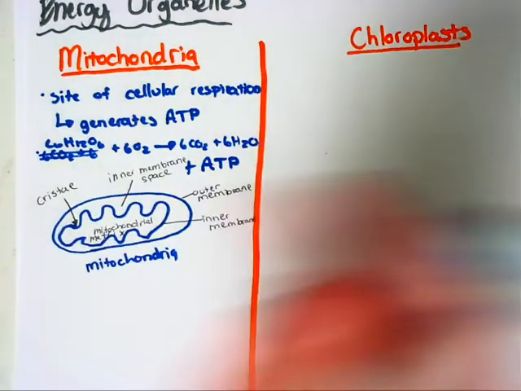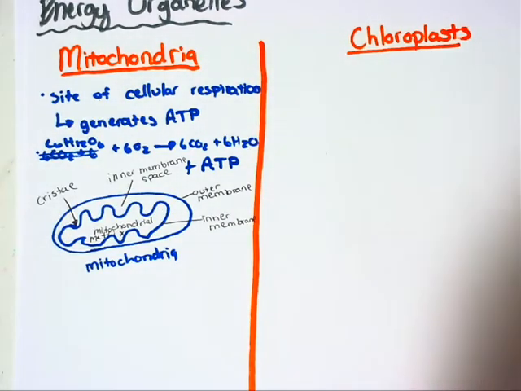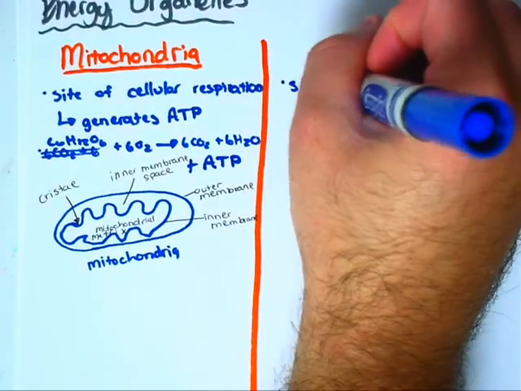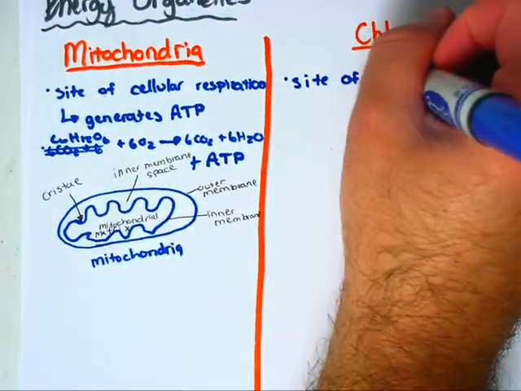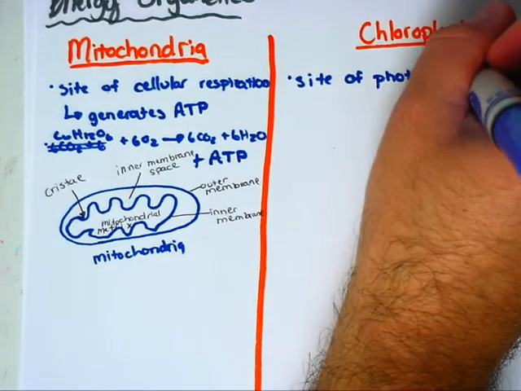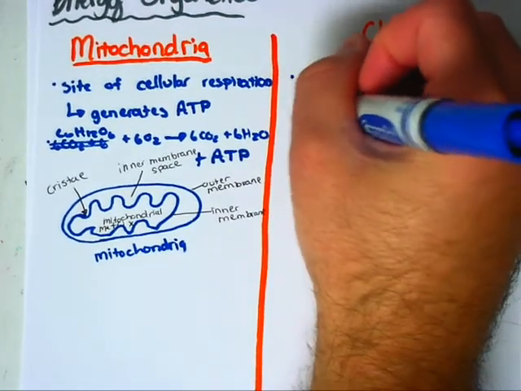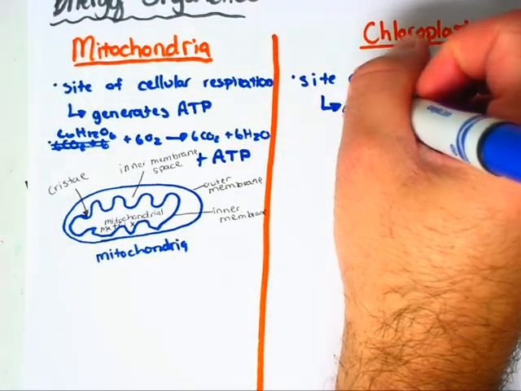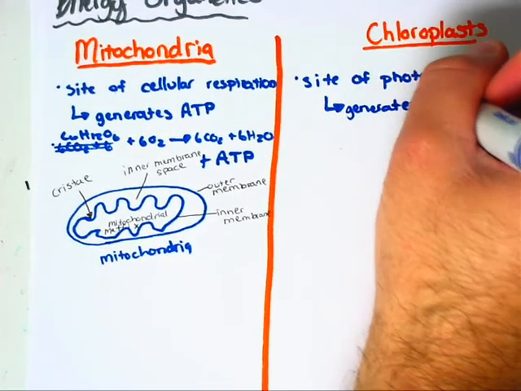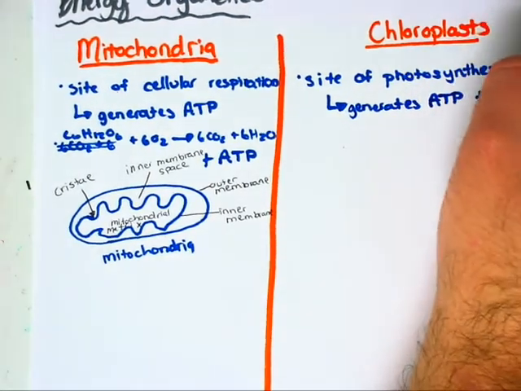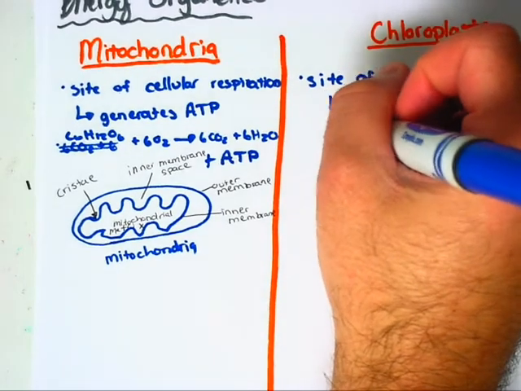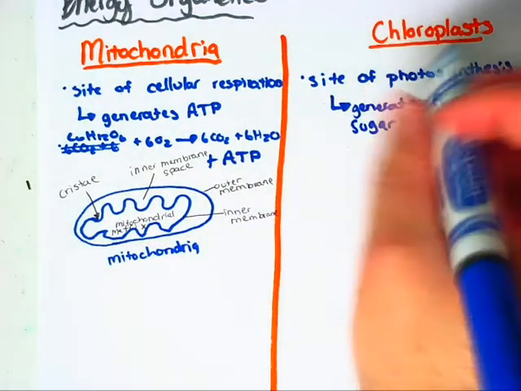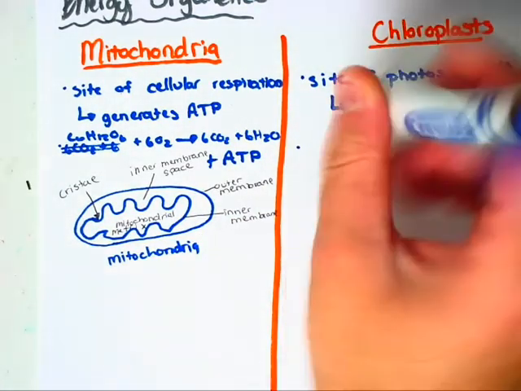Now, if we come over here and look at the chloroplast section, we'll see that chloroplasts are the site of photosynthesis, which is a series of reactions that can generate ATP in order to make sugar. Obviously, they contain a green pigment called chlorophyll.